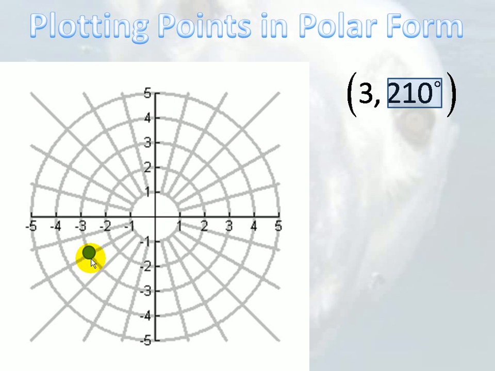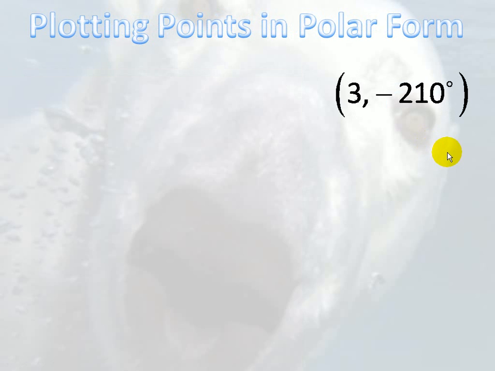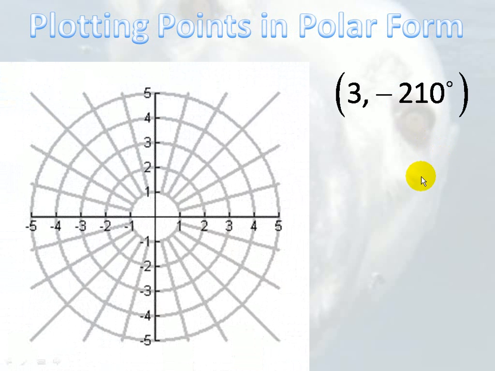Now let's see how we would handle the situation where we have a negative angle, negative 210 degrees. Well, we approach it the same way. Notice the directed distance has not changed, but now instead of going counterclockwise with the 210, we rotate clockwise and we end up over here in quadrant 2.